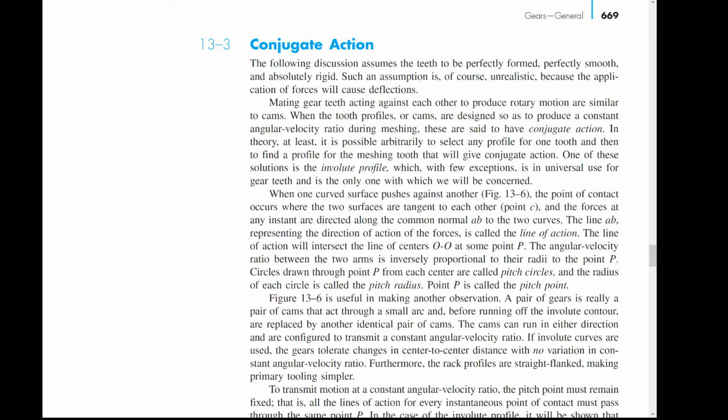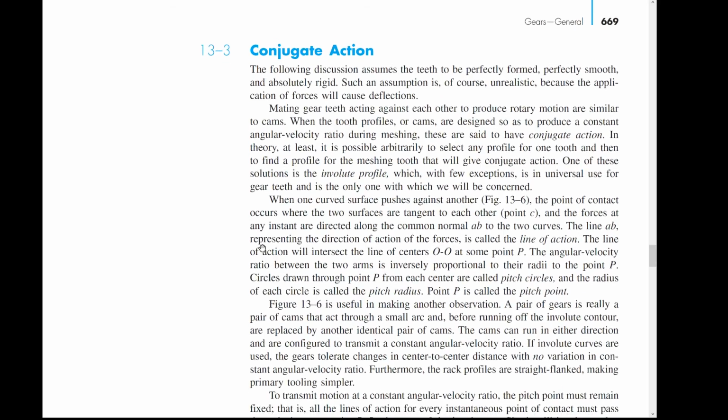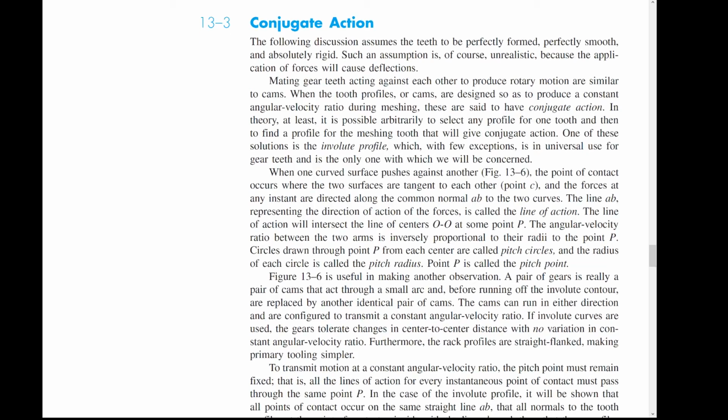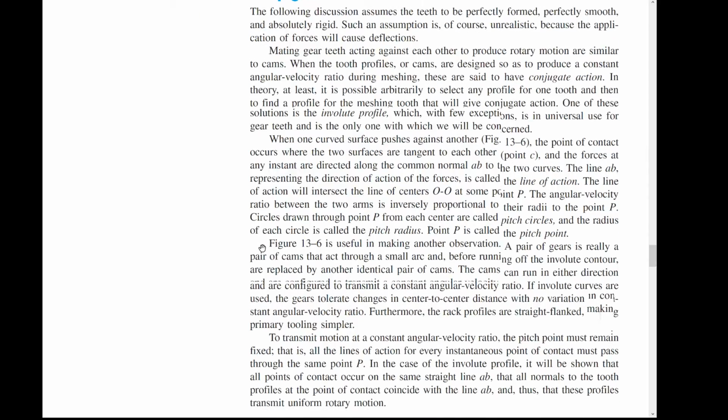The angular velocity ratio between the two arms is inversely proportional to their radii to the point P dot. Circles drawn through point P dot from each center are called pitch circles, and the radius of each circle is called the pitch radius. The point P dot is called the pitch point.